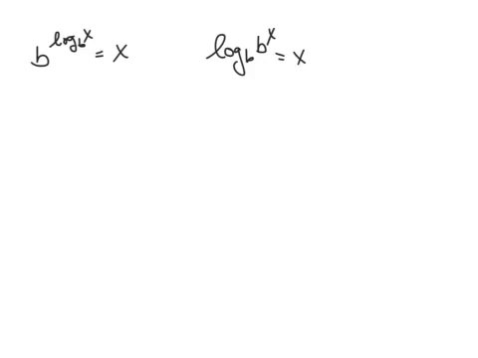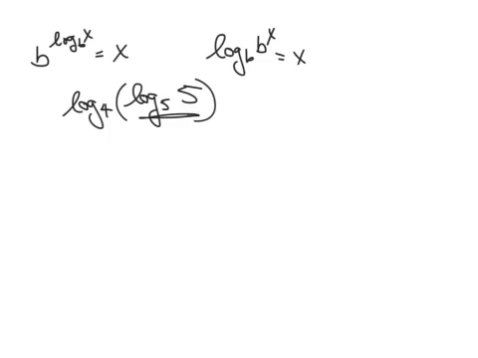Alright, so we have log base 4 of, in parentheses, log base 5 of 5. So what are we going to do with that? Well, we know that that is the same as log base 5 of 5 to the 1st power.